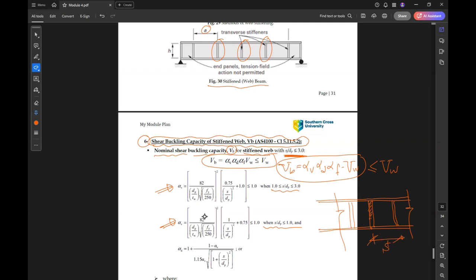This is stiffener number 1, stiffener 2, stiffener 3. The value of the spacing of the stiffener is S. dB is the depth of the web. So if S over dB is between 1 and 3, use this formula, number 1. If less than 1, use this formula.